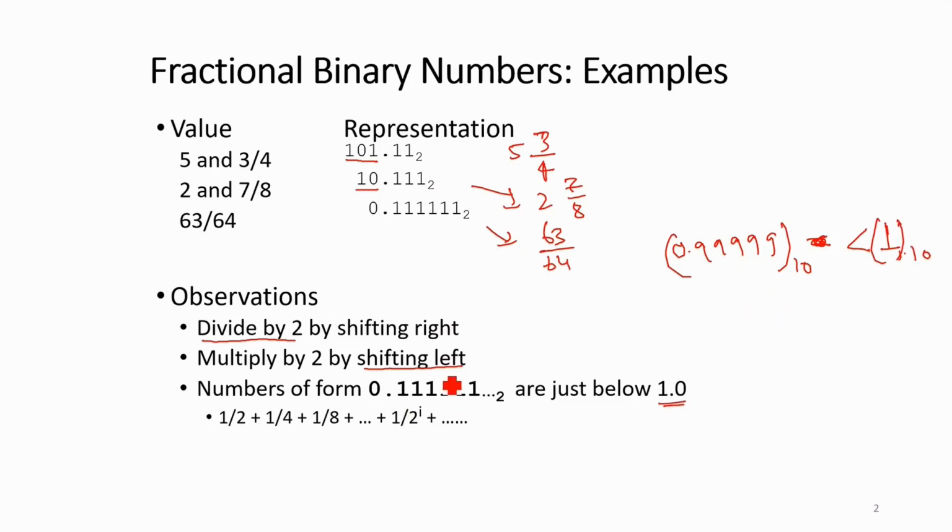Similarly, in binary we can represent it like that. So 0.1 is nothing but 1 by 2, and 0.01 is nothing but 1 by 4. Once we add these, the result will be just below 1 only.